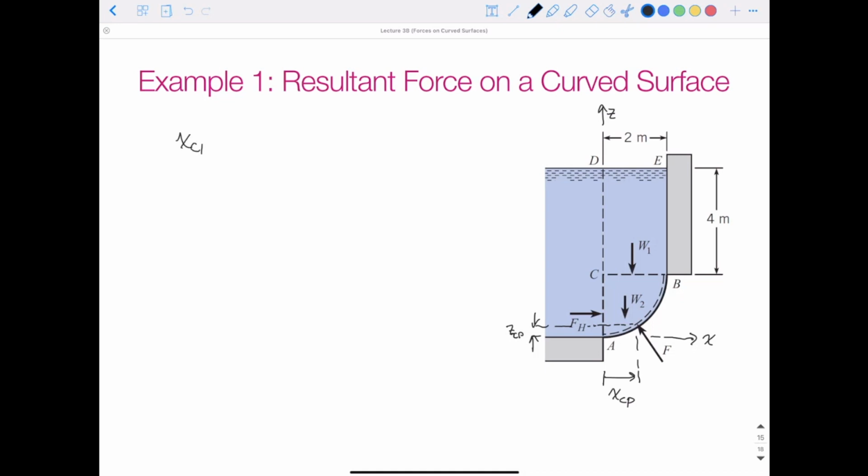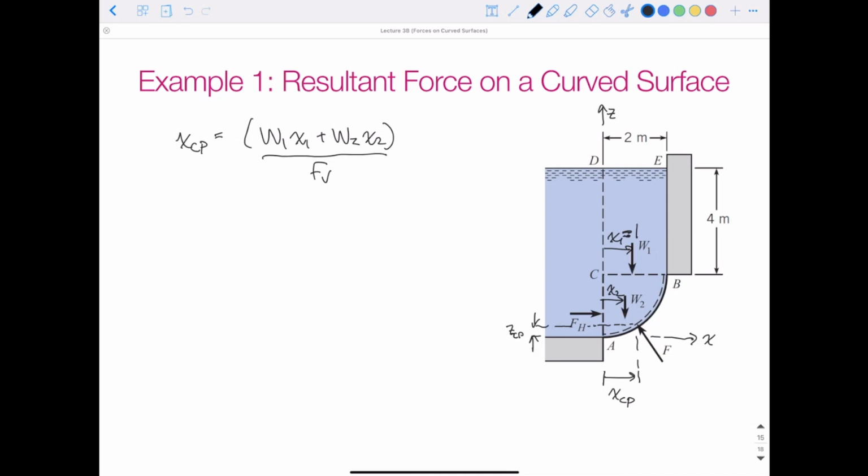So we said that XCP is equal to weight 1 times X1 plus weight 2 times X2, all divided by the vertical force. So weight 1, if it's a perfect rectangle, means X1 is going to equal 1. That one's pretty straightforward. What about weight 2? What is X2?